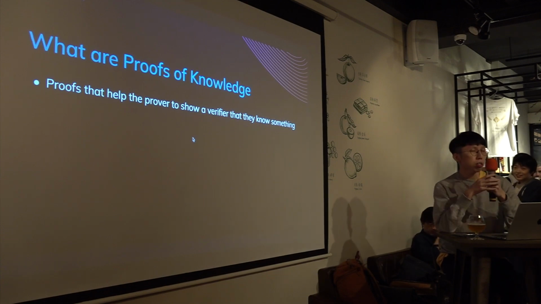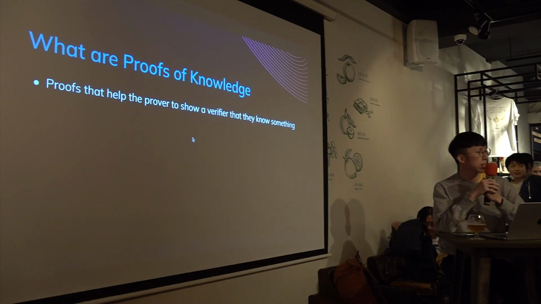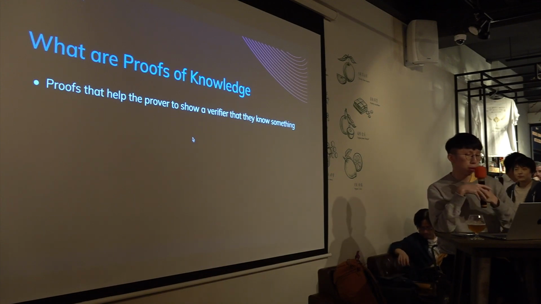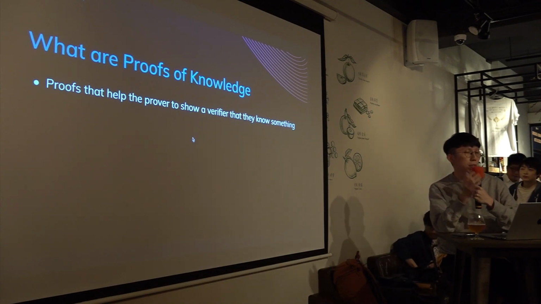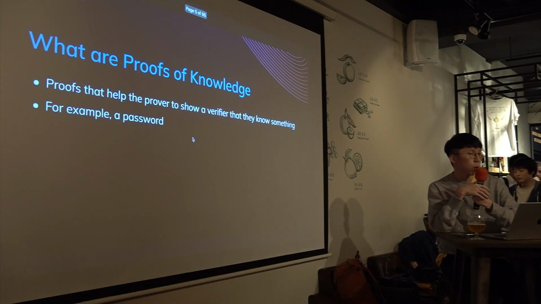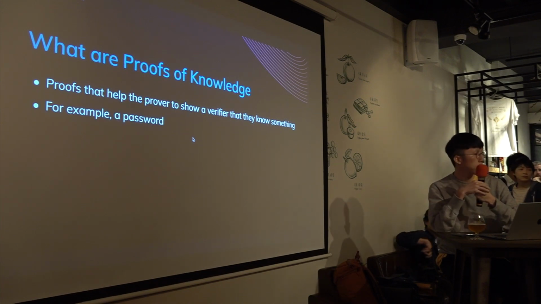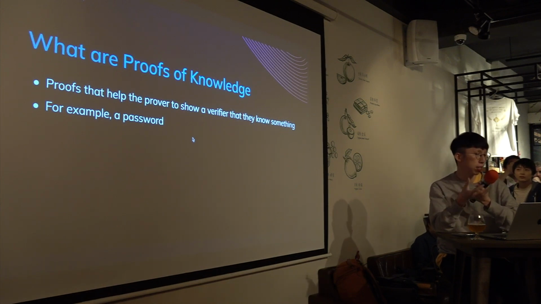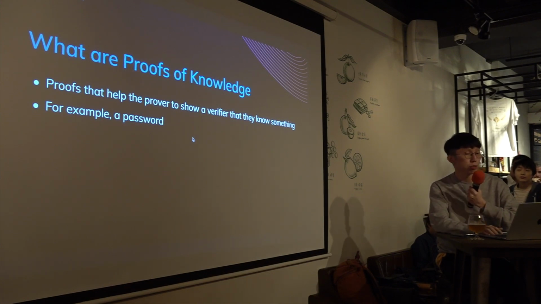So proofs of knowledge is the kind of proof that allows you to show a verifier that you know something. And one example of proofs of knowledge is password. Because if you know your password, then you'll have access to some services, to some websites. So it's actually quite a useful thing.